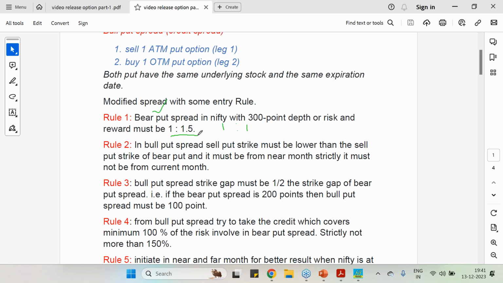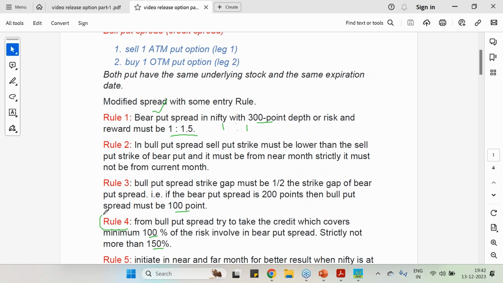So here a 300 point gap. The credit you should take is 100%, strictly not more than 100%. There the minimum was 115%; here the minimum is 100%. This is also a credit spread, so everything is the same.